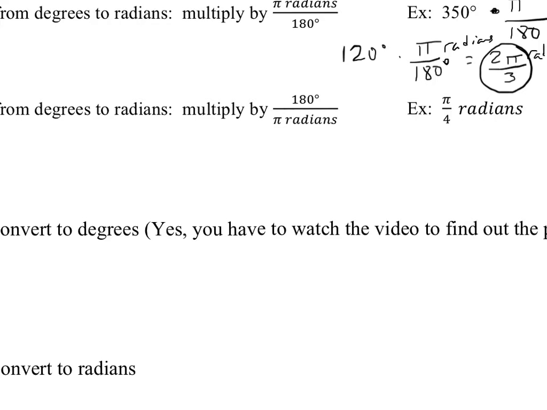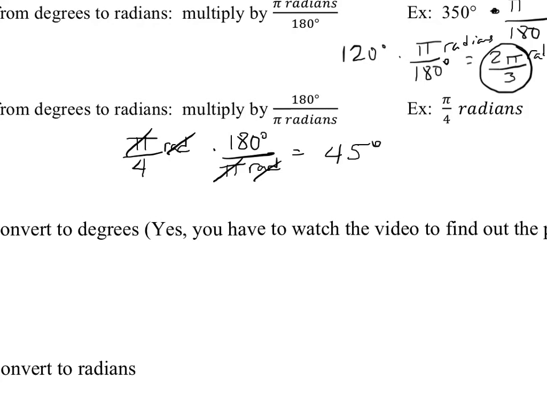So you only need to remember that pi radians and 180 degrees are equivalent, and then whatever you want to convert to is on top of that fraction. So if I'm converting to degrees and I'm given pi over 4 radians, then I multiply by 180 degrees over pi radians. Our units cancel out, our pi's cancel out, and I'm just left with 180 divided by 4, which is 45 degrees.